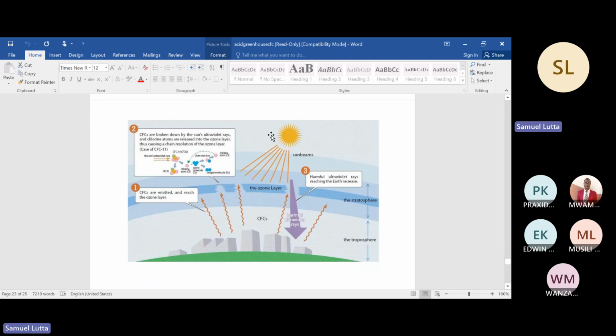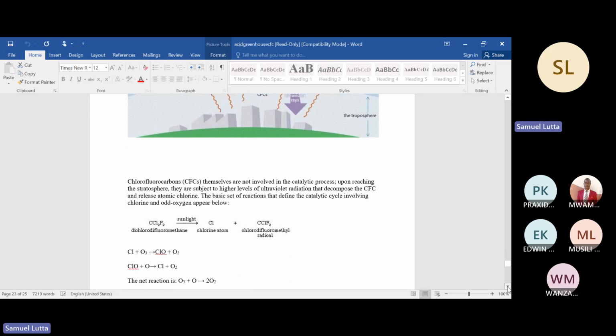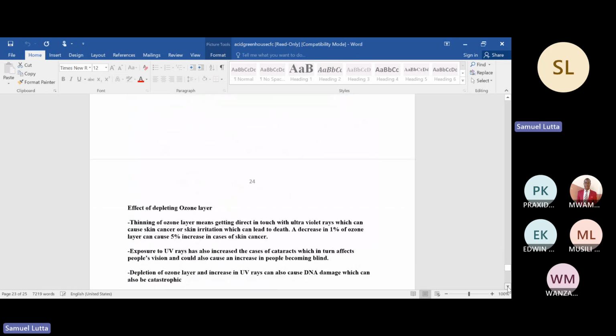And then when they deplete the ozone layer, these harmful radiations will be able to hit the surface. And then when they are reflected backwards, they can't go because of the same layer of these gases. So this is what causes the warming, in terms of explaining the same.